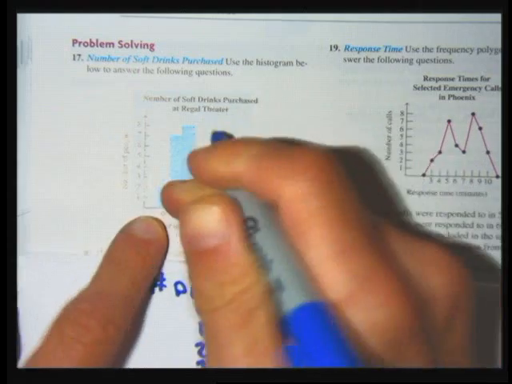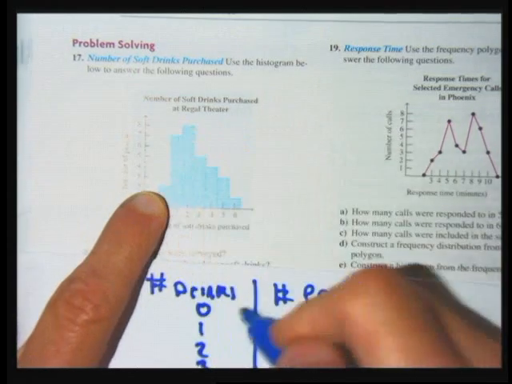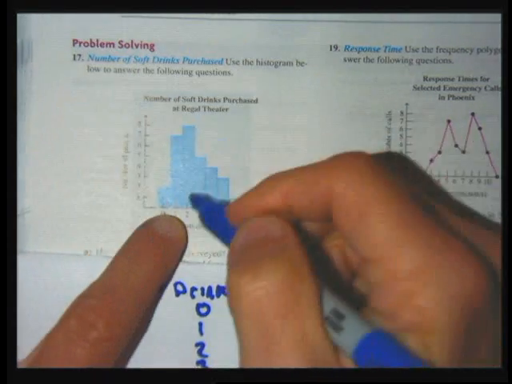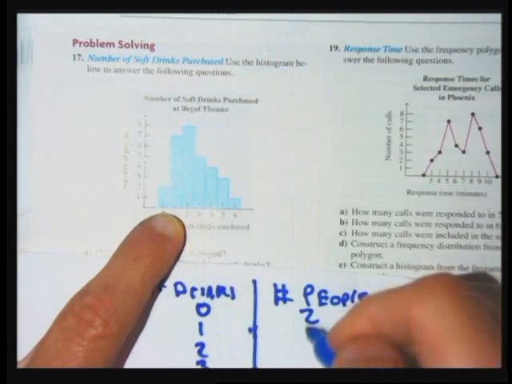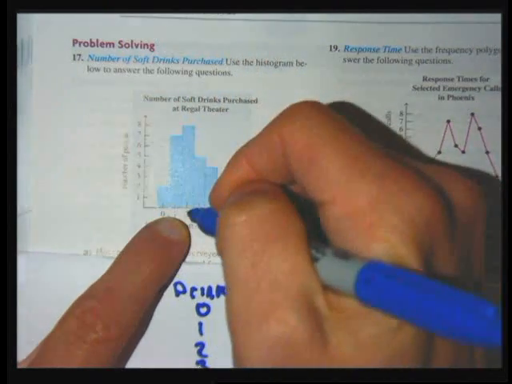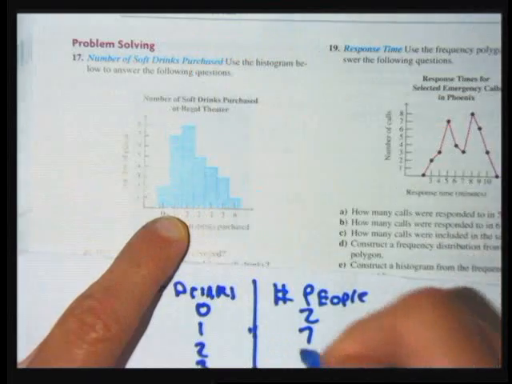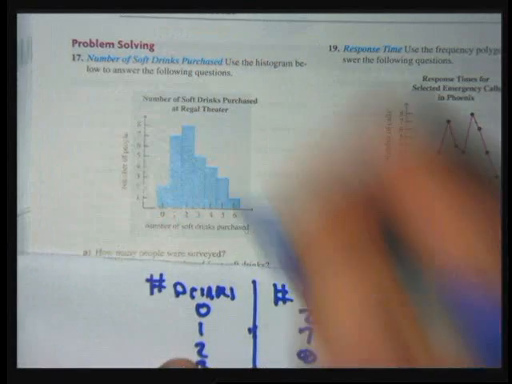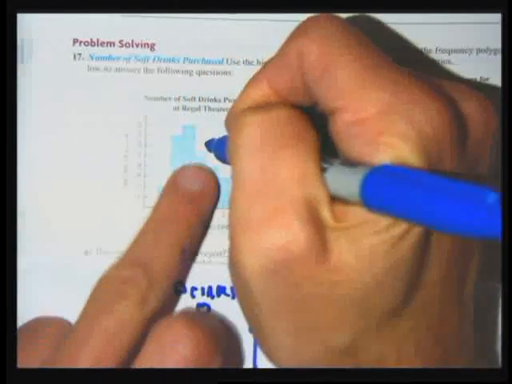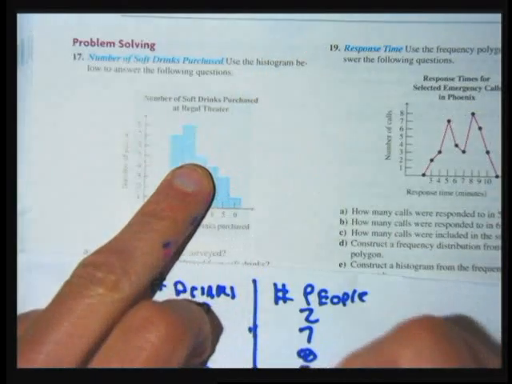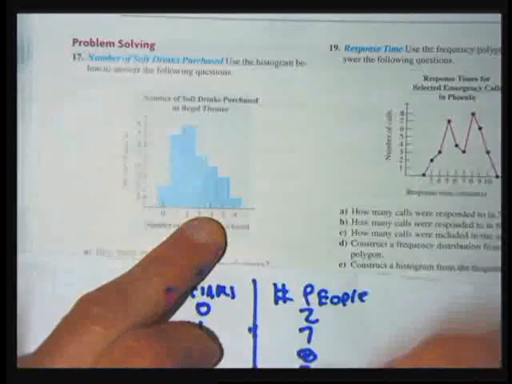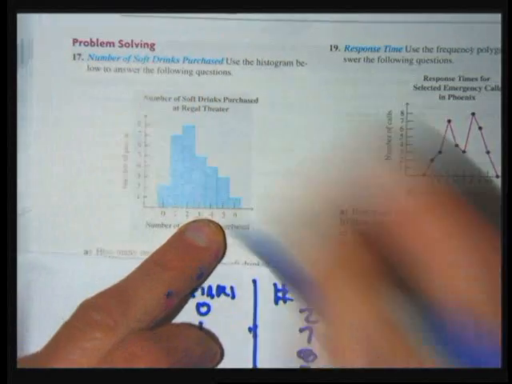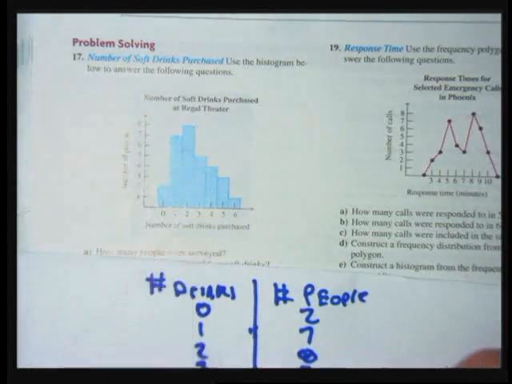There were 2 people that bought 0 drinks, 7 people that bought 1 drink, 8 people that bought 2 drinks, 5 people that bought 3 drinks, 4 people that bought 4 drinks, 3 people that bought 5 drinks, and 1 person that bought 6.